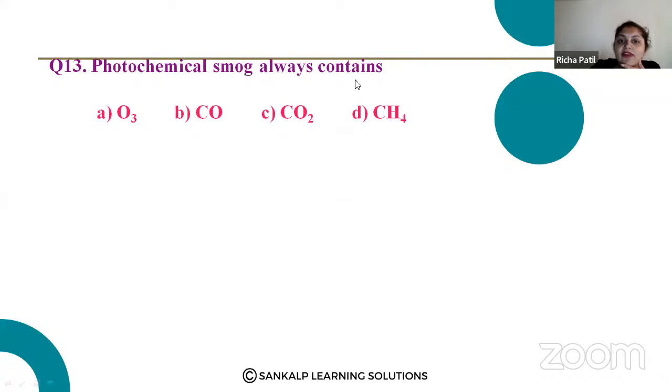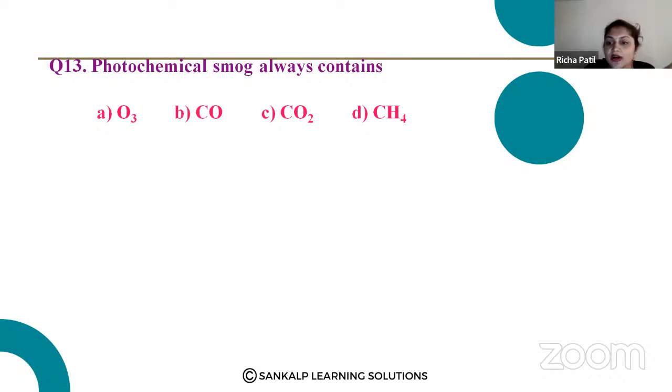Photochemical smog always contains... What do you mean by photochemical smog? Smog is nothing but smoke and fog. Smoke and fog together are called smog. It is of two types, which you have to remember: classical smog and photochemical smog.